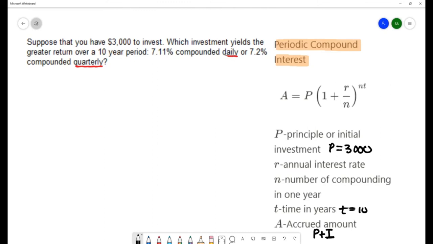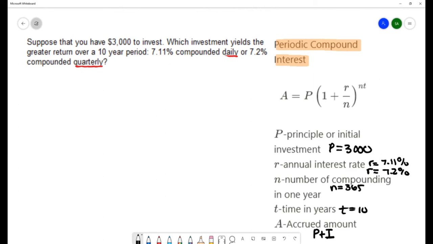So we might have an interest rate of 7.11%, or that interest rate might be 7.2%. If the interest is compounded daily, N will be 365.